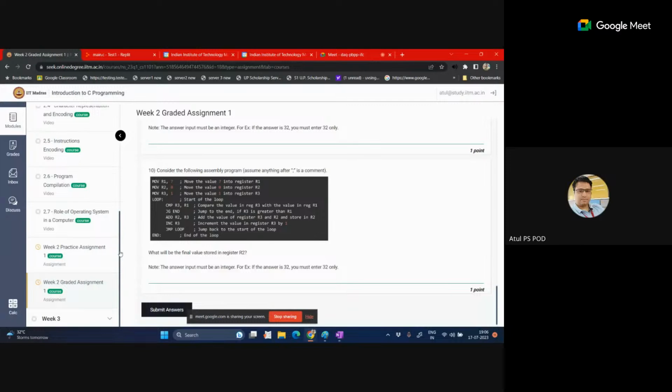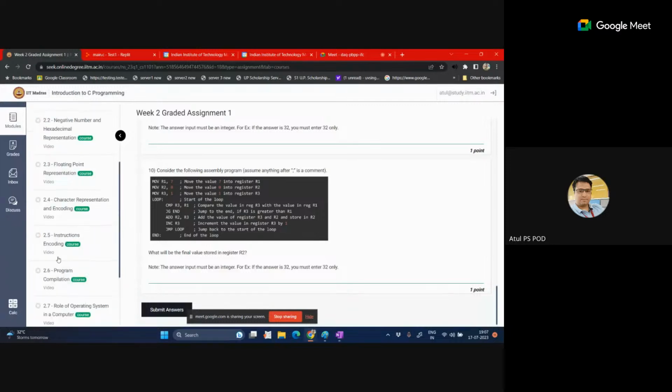This practice question will remain open till the end of the term, so you can practice anytime you want. But the graded question will close at the deadline. After that, you can write the code, but you cannot run it. You can only see your solution code and the correct solution code. But the practice programming question you can run anytime.